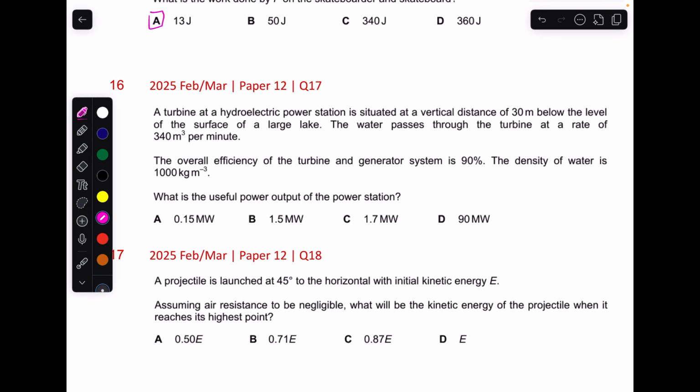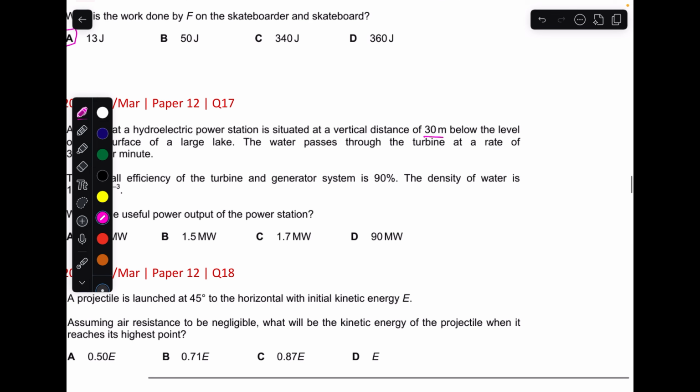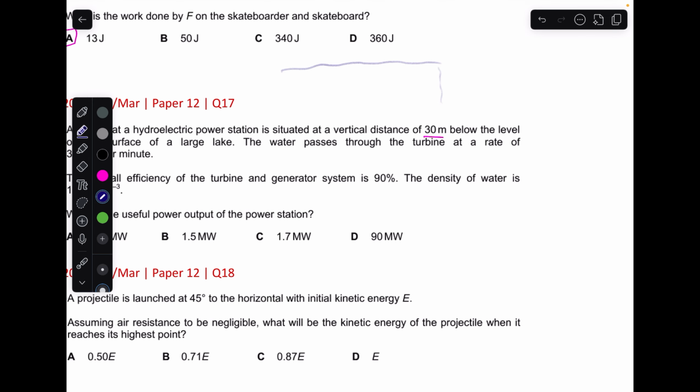Okay, in the next question, a turbine at a hydroelectric power station is situated at a vertical distance of 30 meters below the level of the surface of a large lake. Let's try to picture this. We have a large lake, and water, let's suppose it's falling from here, and somewhere we have a turbine.